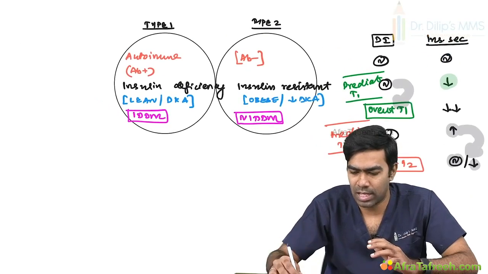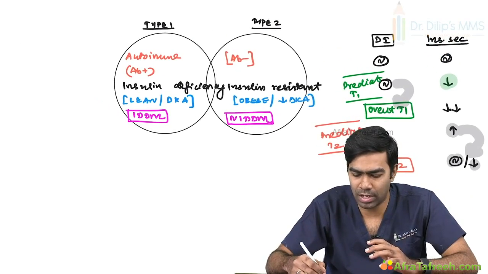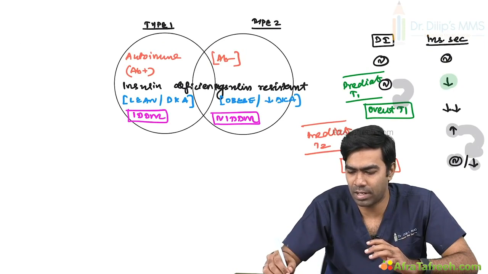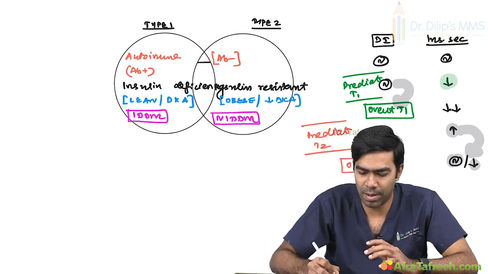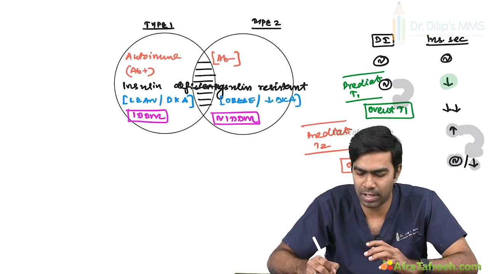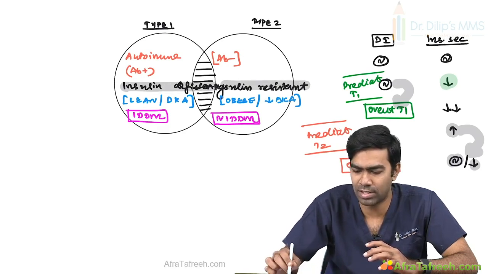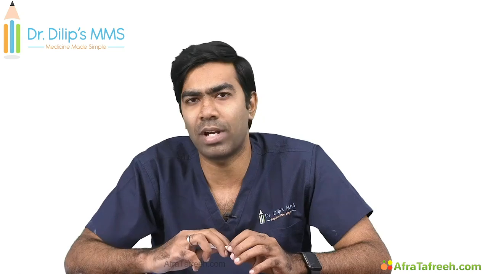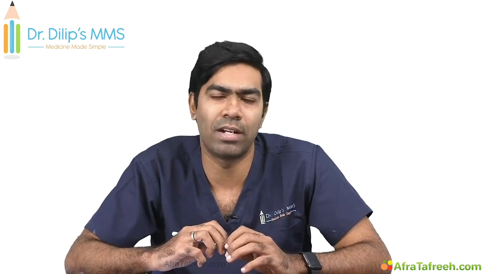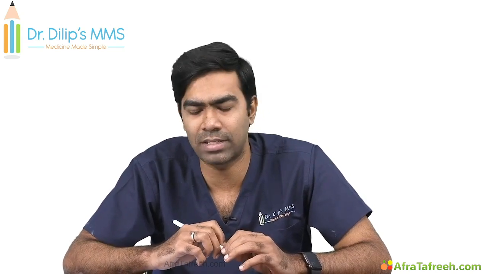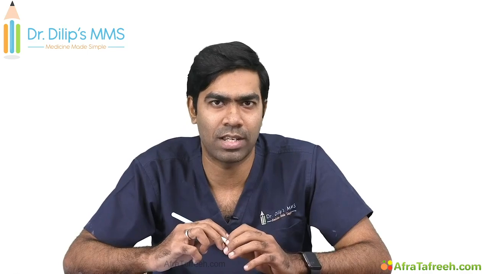This means there is a small overlap that I can draw between type 1 and type 2 diabetes mellitus, especially in the setting of insulin deficiency and insulin resistance, where a patient with type 1 can have a little bit of insulin resistance, and a patient with type 2 can have a little bit of insulin deficiency as well.